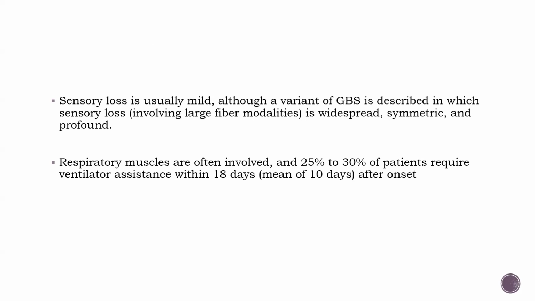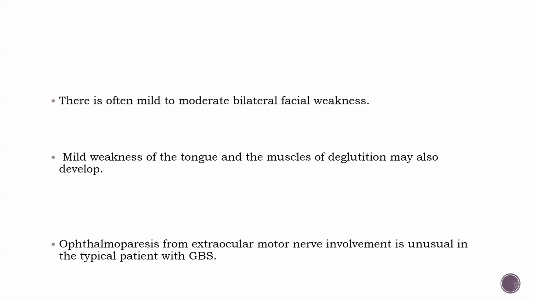Respiratory muscles are often involved, and 25% to 30% of patients require ventilator assistance within 18 days after onset. There is often mild to moderate bilateral facial weakness. Mild weakness of the tongue and the muscles of deglutition may also develop.